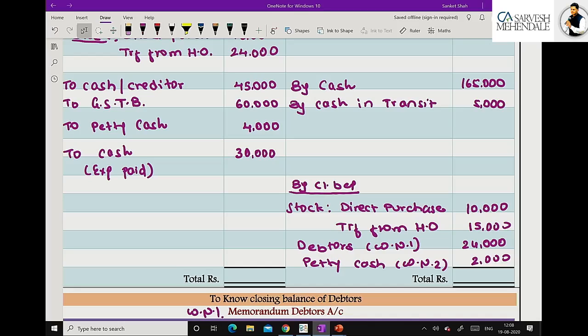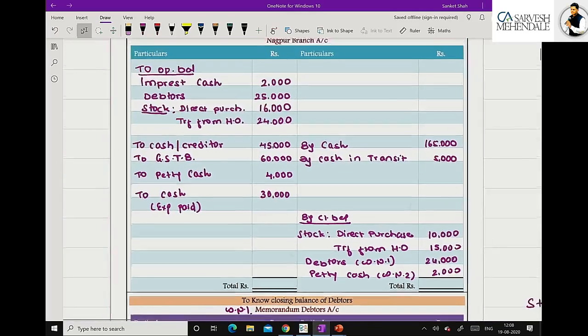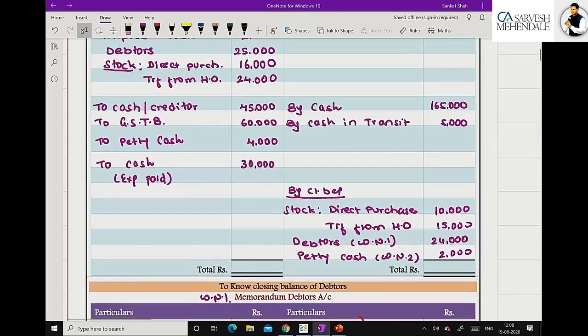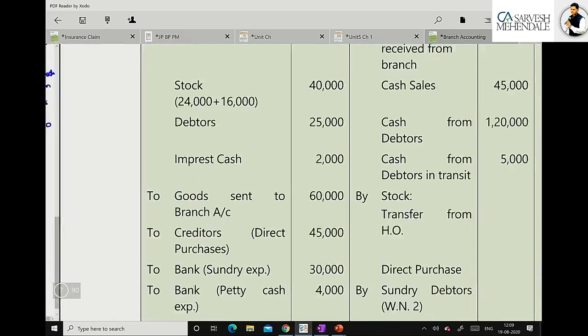So what is the amount? Tell me fast. 165 plus 5 plus 10 plus 15 plus 24 plus 2. So what is the total? Correct.